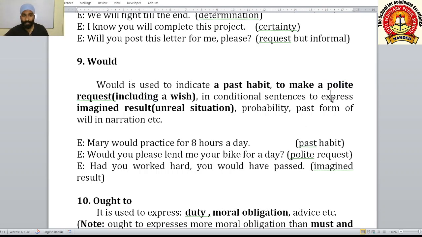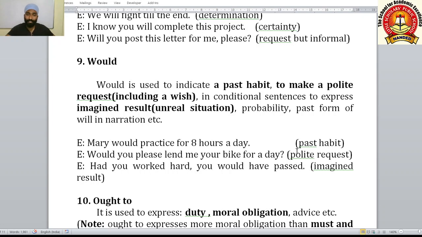Thereafter, in conditional sentences, to express an imagined result, you just imagine that this result would have happened, and for such sentences you can use would, means unreal situation. Thereafter, probability can also be expressed through would, and thereafter we will see the examples for it.